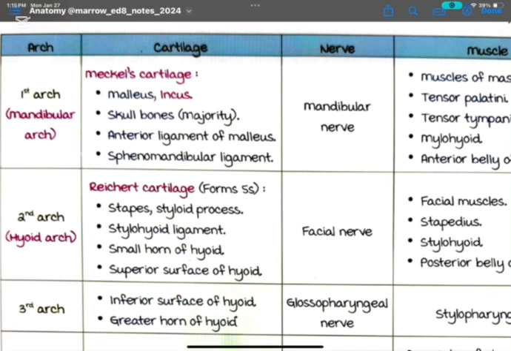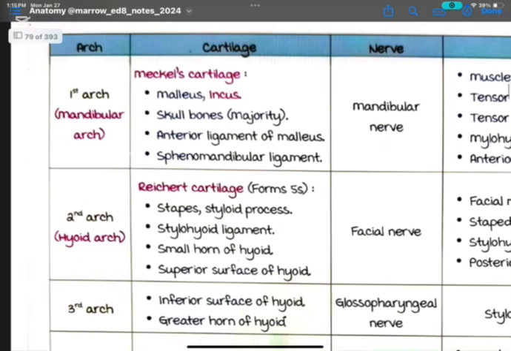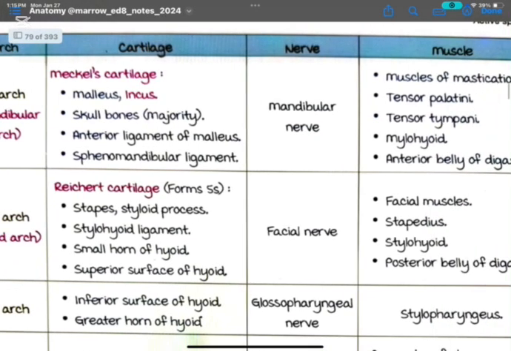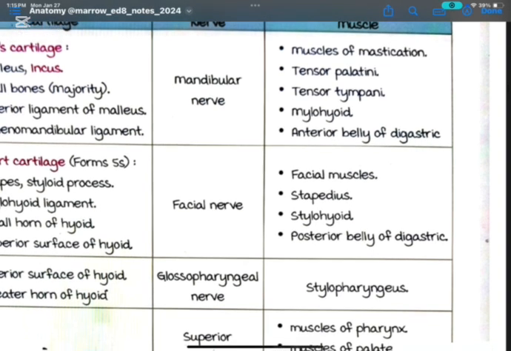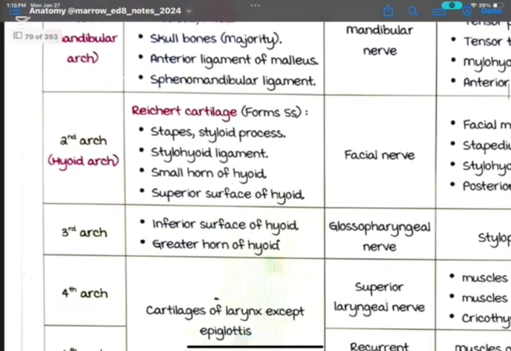What are those 5 S's? Stapes, styloid process, stylohyoid ligament, small horn of hyoid, superior surface of hyoid. The nerve of the second arch, the hyoid arch, is the facial nerve. Muscles: facial muscles, stapedius, stylohyoid, posterior belly of digastric.